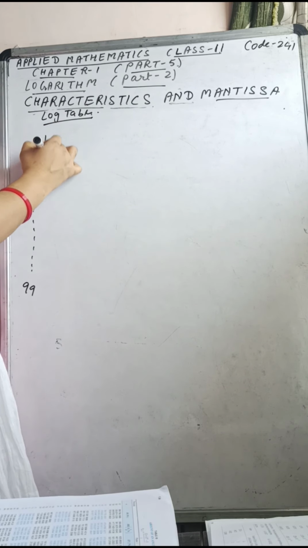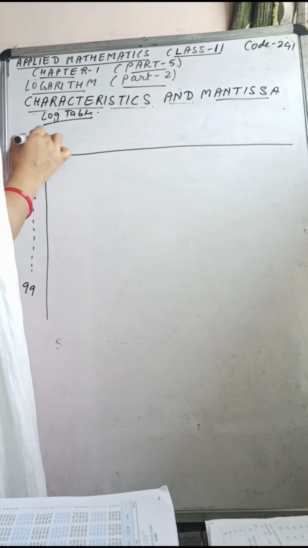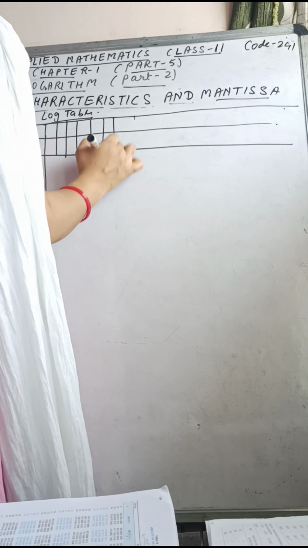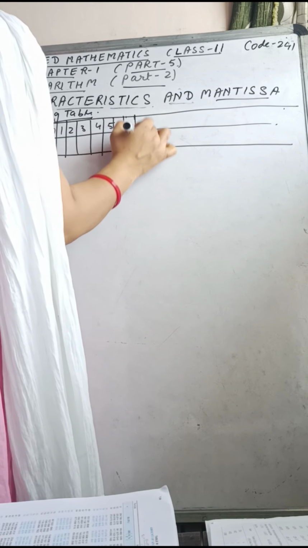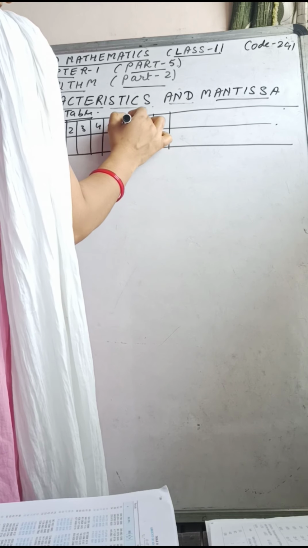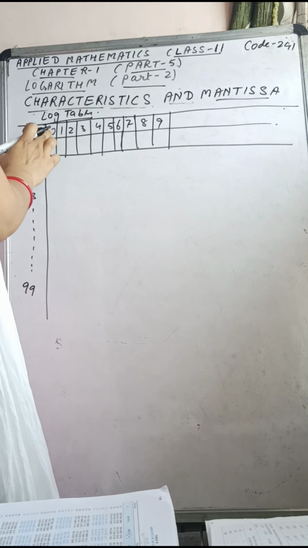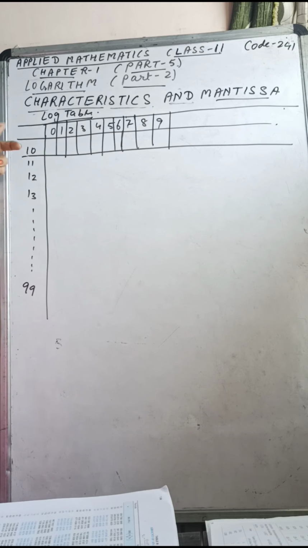On the top of this there are columns headed by 0, 1, 2, 3, 4, 5, 6, 7, 8 and 9. So there are 10 columns headed by the digits 0 to 9.